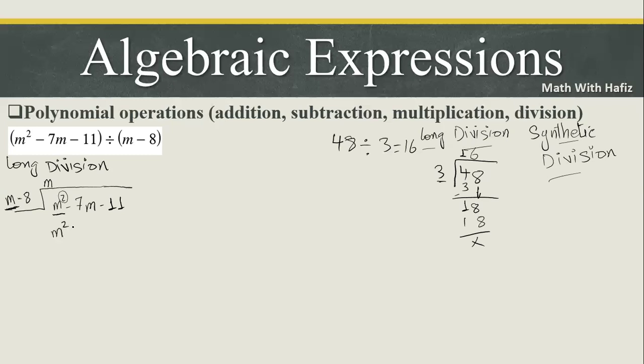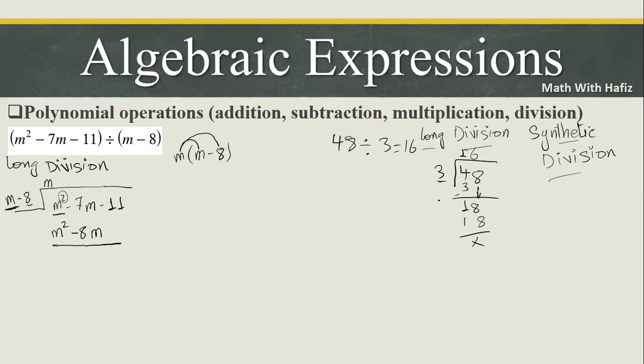You will not stop here. You will multiply this m with this -8 also. Remember the distributive property: you multiply with this one and write the answer, then multiply this m with -8 and write the answer. So it will be -8m.